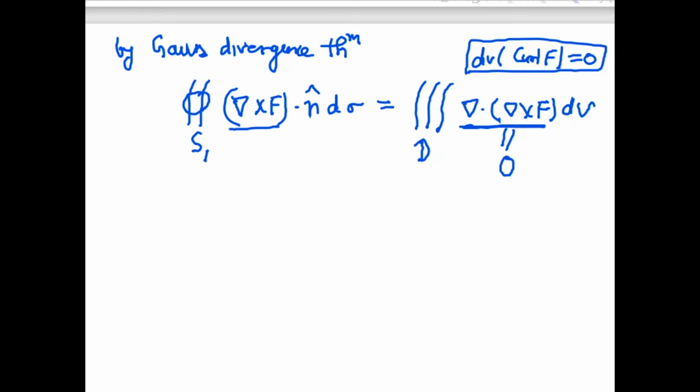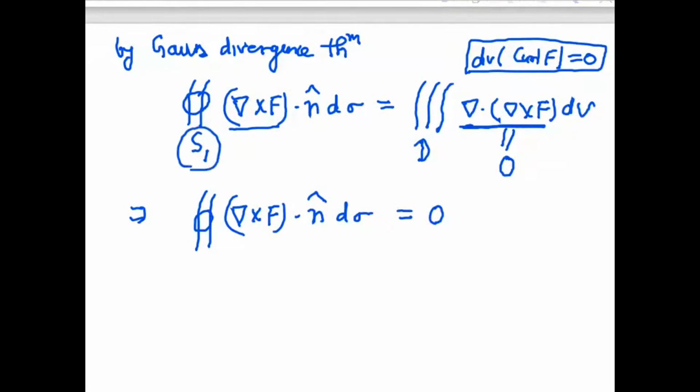This is smooth, that means the partial derivatives exist and are continuous, so it will give 0 only. So the right hand side is 0, which means the left hand side will also be 0. This implies that over this closed surface, del cross f dot n d sigma will be 0.